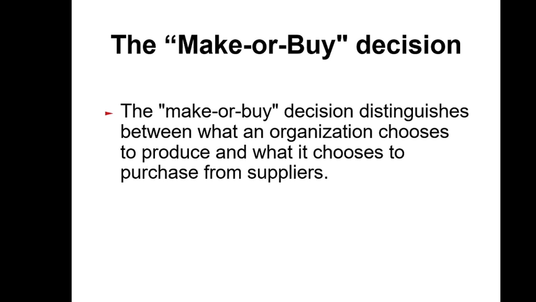We will take examples, and we will see how manufacturing companies take a decision, what we call the make or buy decision, to buy the raw material or to produce it.